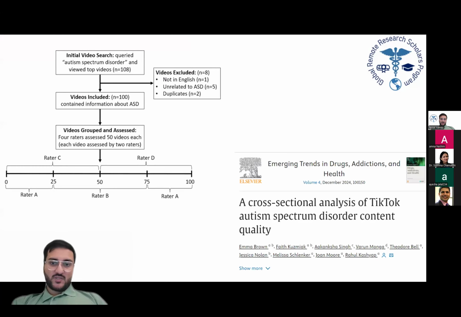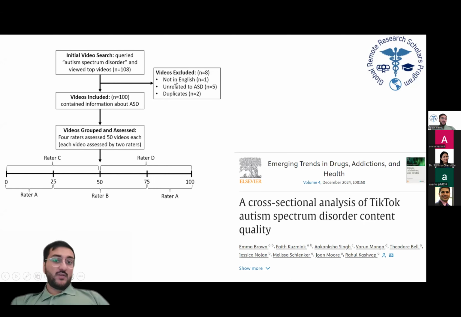Here's an example of a study published by Dr. Kashyap and his team, a cross-sectional analysis of TikTok content around autism spectrum. So you can see how it's not a community, it's a disease, it's a treatment, it's a very fixed word. And there's a structure of doing it. You can see there was an initial video search, then some videos were included based on the criteria that you set, and then some were excluded.